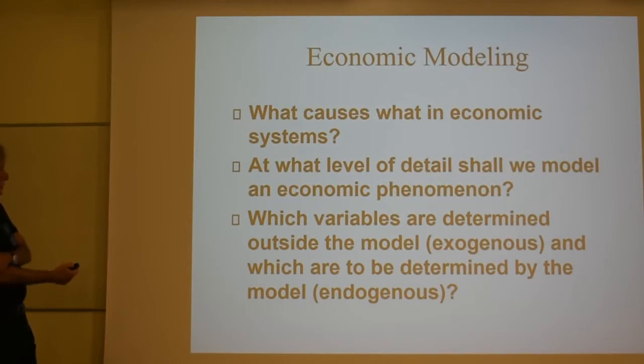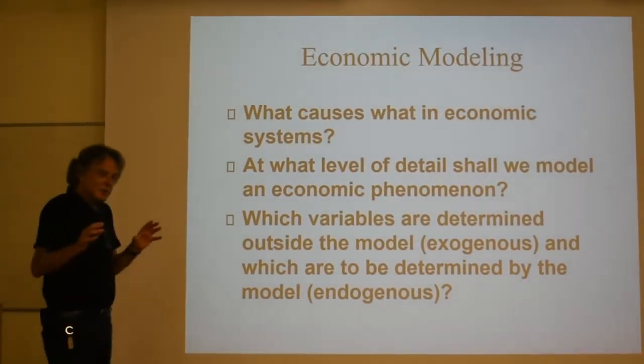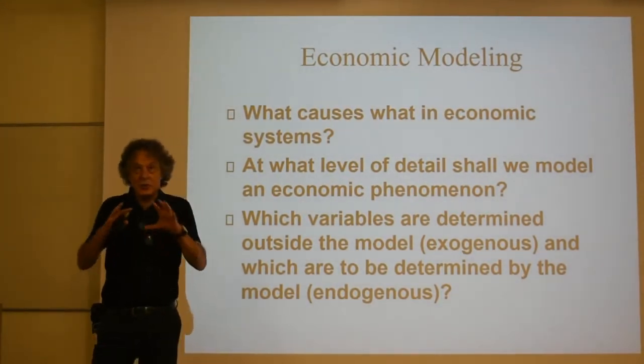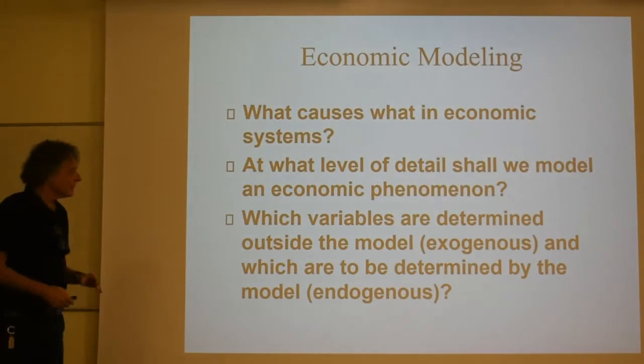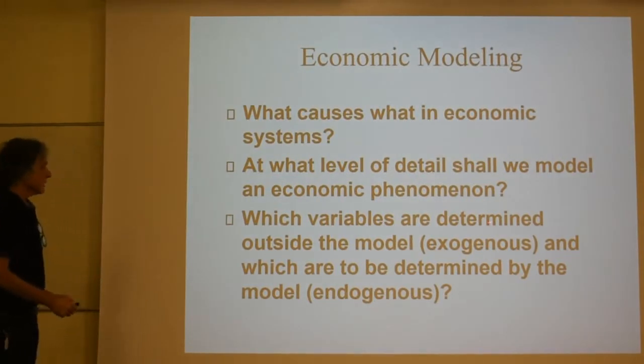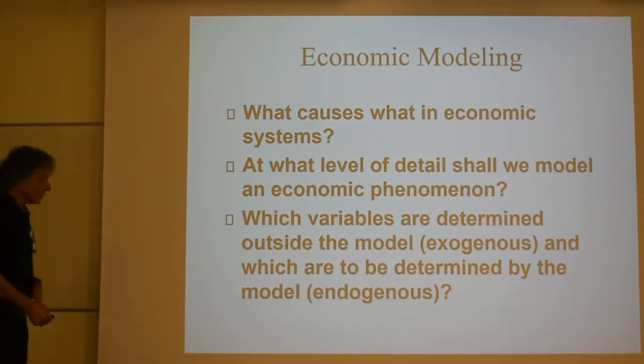Another question: at what level of detail shall we model an economic phenomenon? Sometimes we don't need to go into all the details to capture the essence of what drives the economy. Which variables are determined outside the model, exogenous, and which are to be determined by the model?